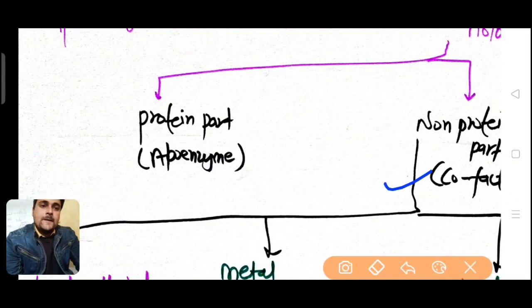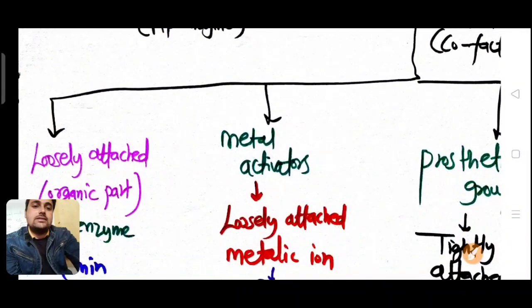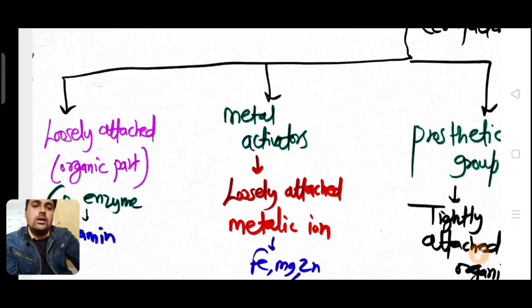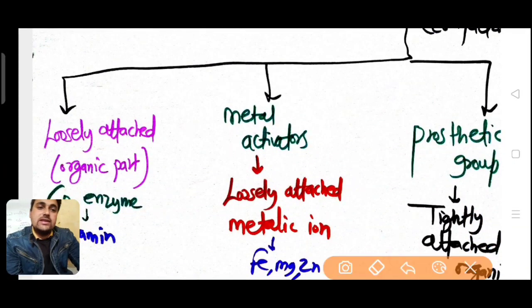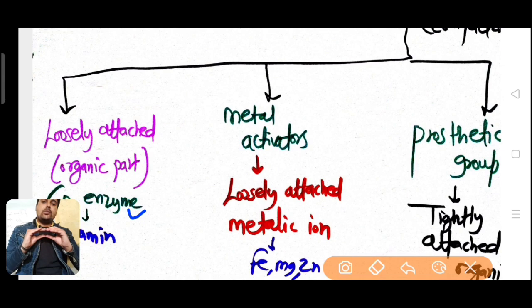Again we will divide the cofactor into three parts. The first one is coenzyme. Coenzyme is loosely attached with your protein part. This is the holo enzyme.